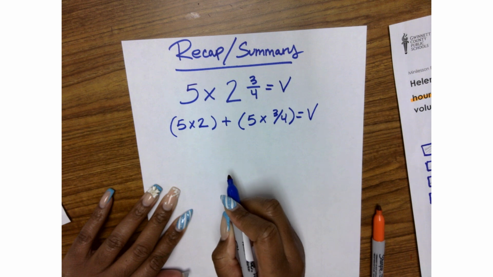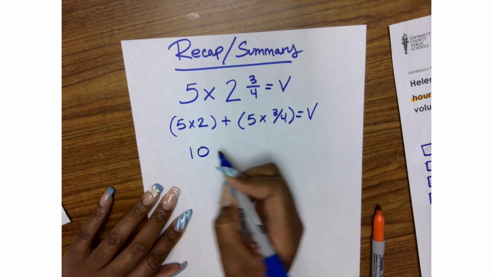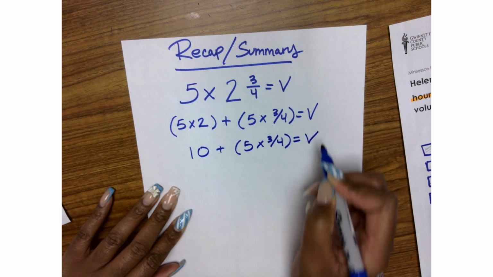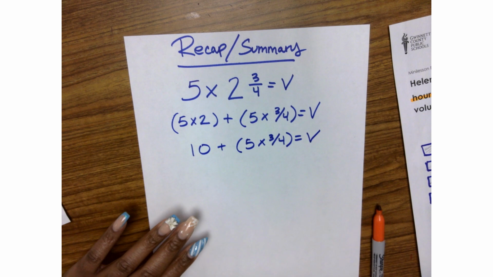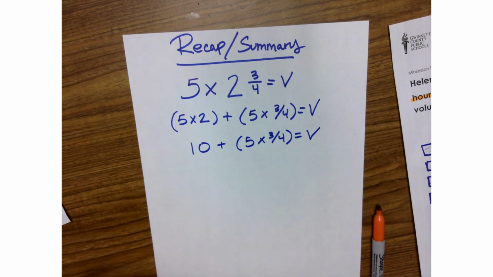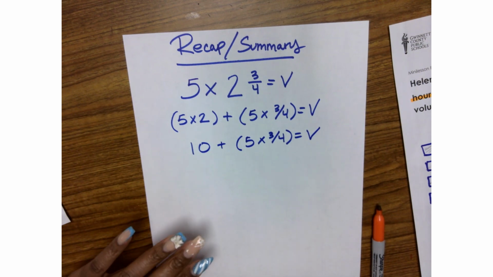I multiply 5 by 2 to get 10. Then I multiply 5 times 3/4 by counting up the 1/4 units to find the total of fractional hours.